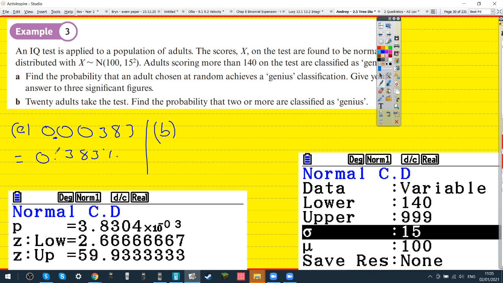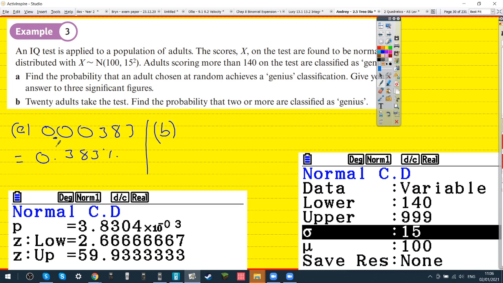So do I need to do something like 0.00383 times x equals something? Well, that's a lot of something, but yeah. This is the tricky bit.